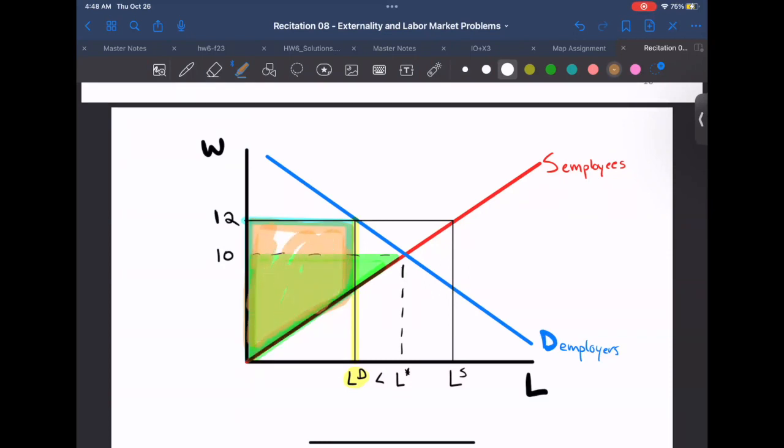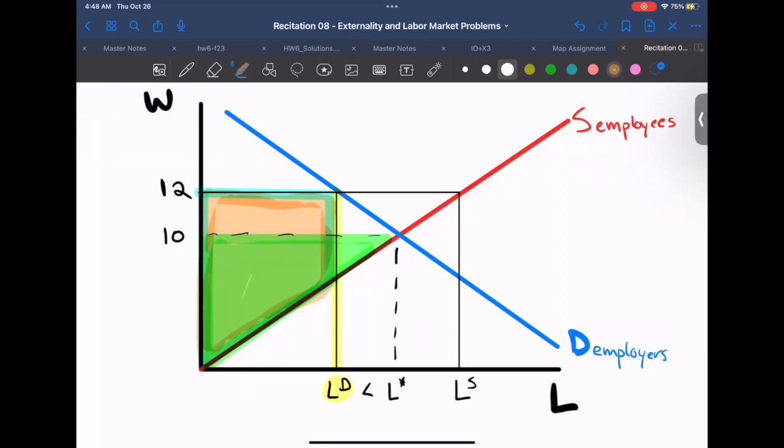So in this case, it's actually uncertain whether the economic surplus of fast food employees, or workers as a whole, would increase, because under the scheme, under P equal to 12, we lose out on all of this, but we gain this rectangle.